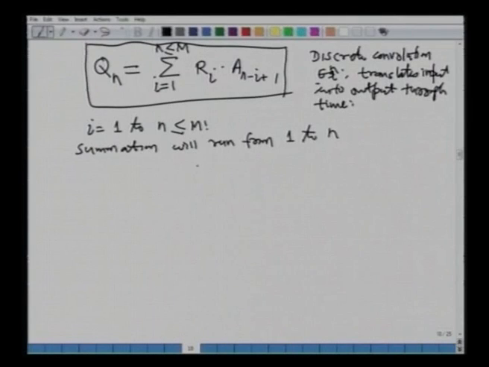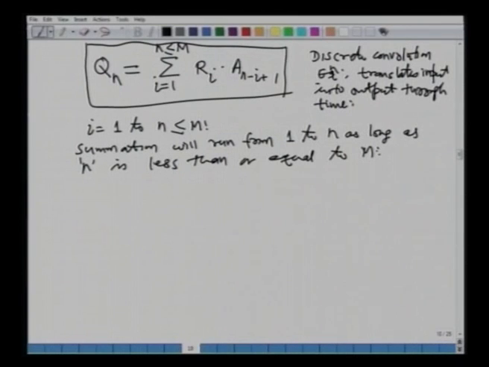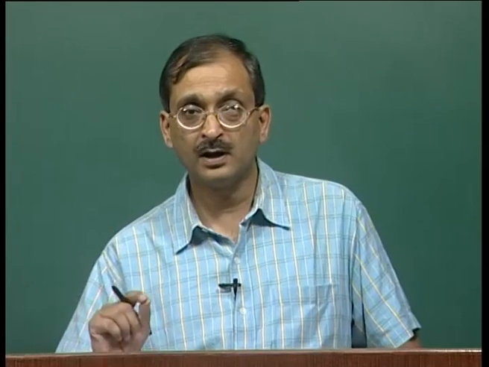Now, the summation will run from 1 to n as long as n is less than or equal to capital M. This small n should not be more than capital M. What is capital M? Capital M is the total number of effective rainfall impulses in the ERH. So, this small n should be less than or equal to that value of maximum number of impulses in ERH.